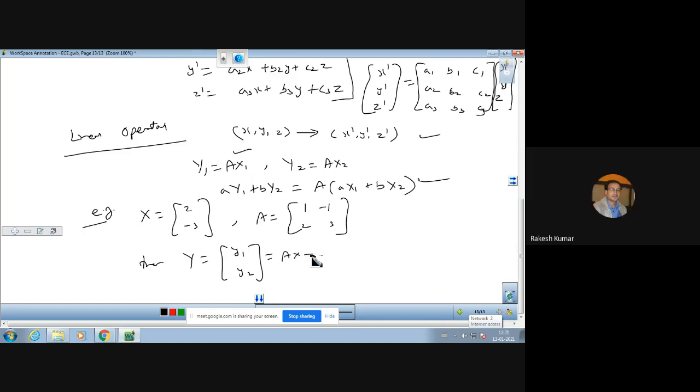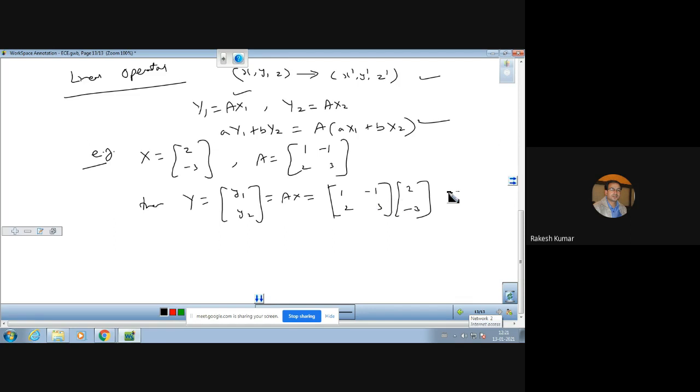Now multiplying these two, what we shall have? 2 ones are 2 and minus 1 into 3, minus 3, so adding up, that is 5. 2 twos are 4 and 9, that is minus 5. This is y matrix 5 and minus 5.